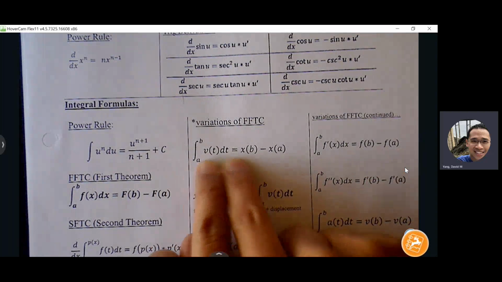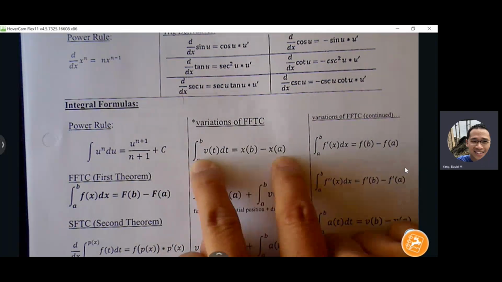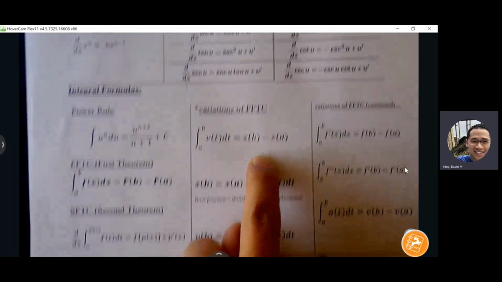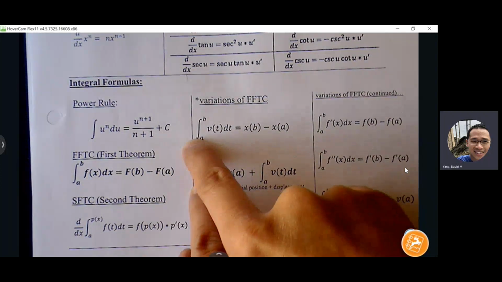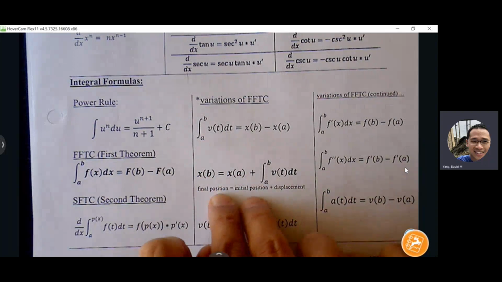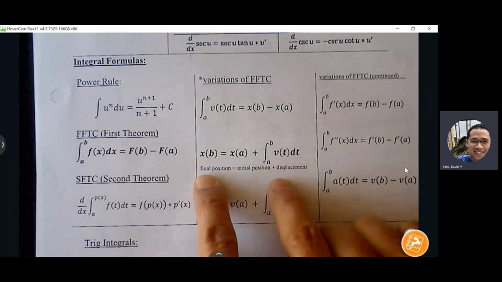We know that the integral of velocity will bring me up to position, right? And then I do x of b minus x of a. So this is my first theorem here. Now, if I rearrange this, if I do x of b on one side and I add x of a to the other side, this is really good for particle motion problems because a lot of times we're looking for final position.